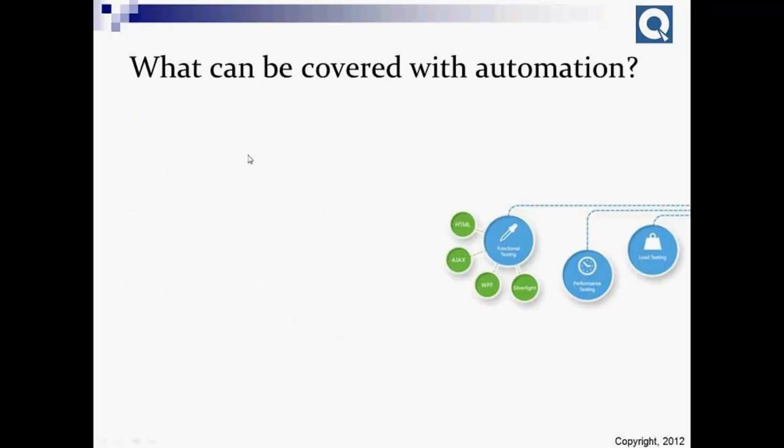So what can be covered with automation? Number one, certainly performance. In the web space, we know that there's performance tools out there that monitor web traffic, that give us all types of great statistics, and very similar to the load and stress testing that goes on for web-based applications. The same thing can be applied for mobile. And there's tools that are designed to do analytics, to do load testing, to actually monitor the traffic.